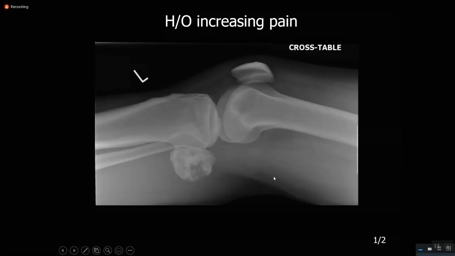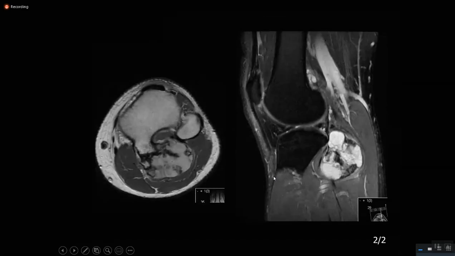Another osteochondroma, again increasing pain, what will you do? So again, I'll compare to any previous imaging and would recommend an MR to further characterize. Here is the MR. So on the MR, on the axial T1 weighted imaging, I can see the pedunculated structure.